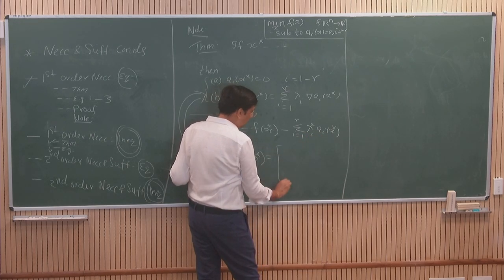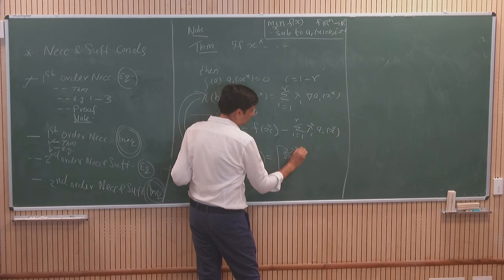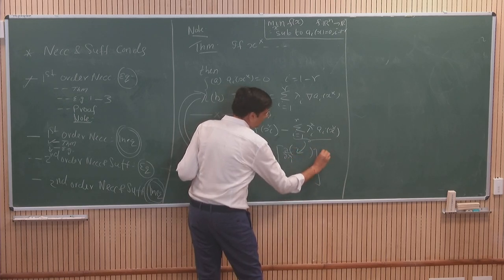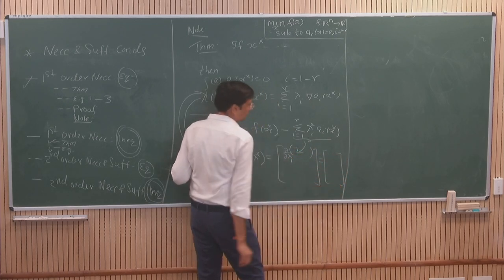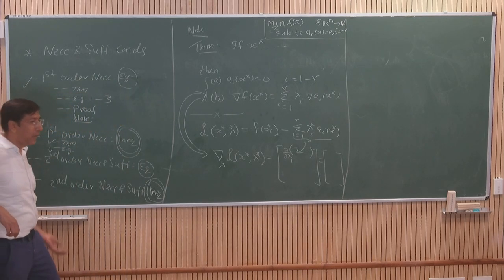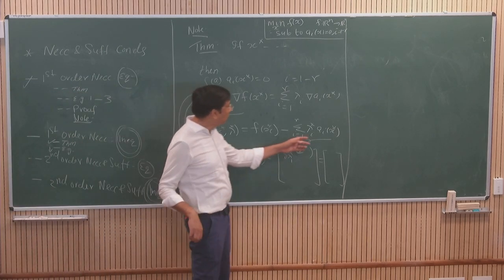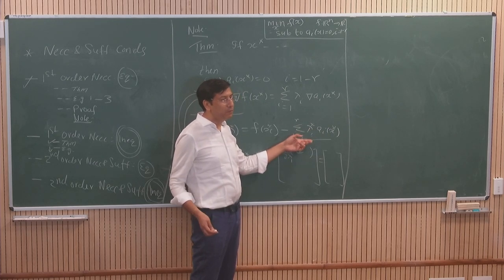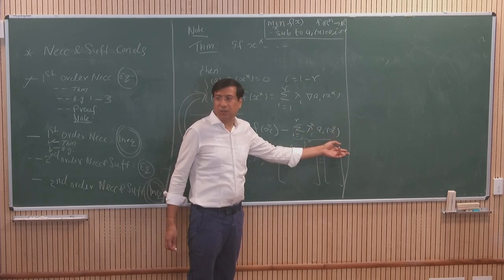So if I take d over d lambda 1 of this thing, what will I get? A1, right? The lambda 1 star will become 1, so you'll just get A1. Lambda 2 will be 0 differentiated, lambda r differentiation will be 0.